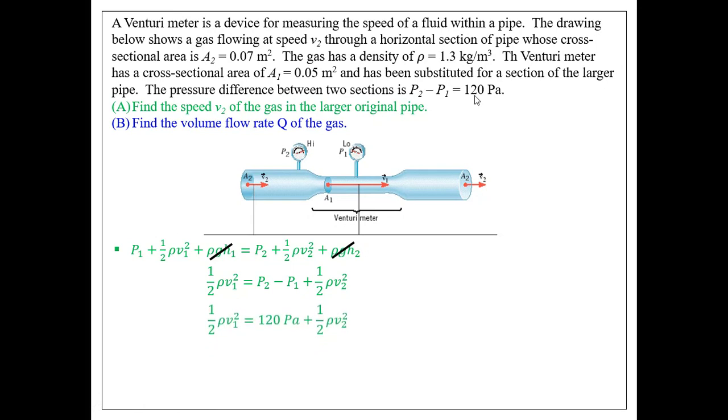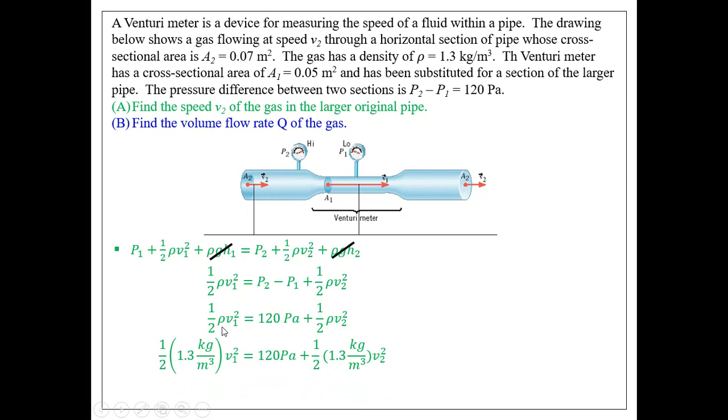From that, I'm going to substitute P2 minus P1 for what it is, which is 120 Pascal. On the left side, nothing has changed. On the right side, I carry down the 1/2 rho V2 squared. Here, we are going to have to solve for V2. To solve for V2, I don't know what V1 is, so I need to figure out what V1 is.